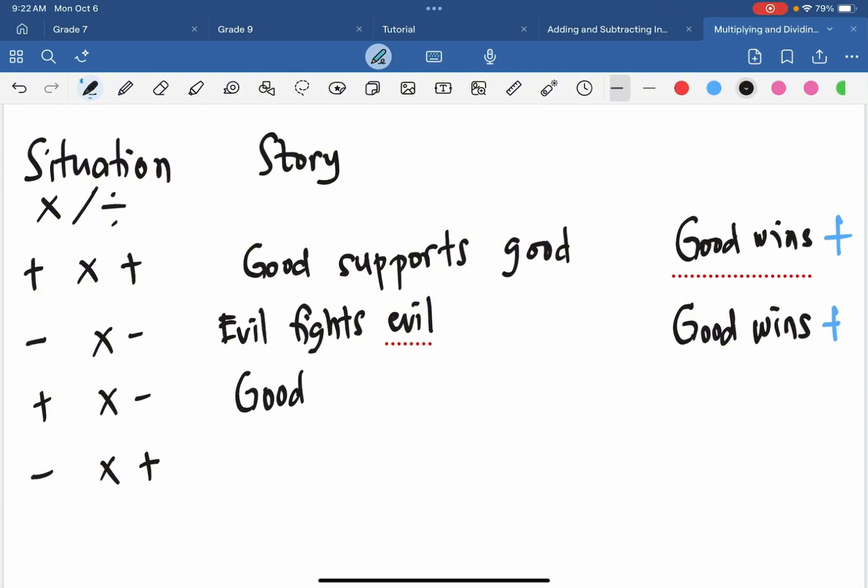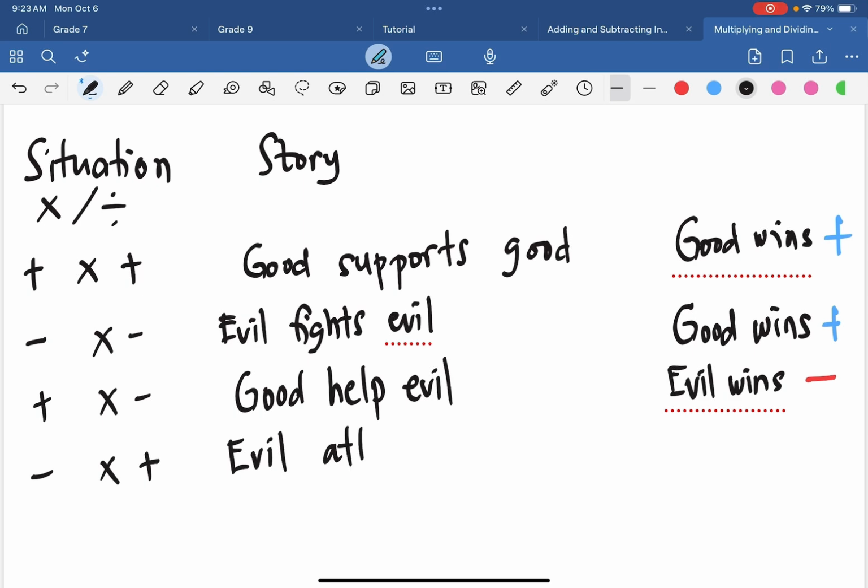Now, if good helps the pursuit of evil, then that means evil wins. And lastly, if we have negative times positive here, so if evil attacks good, then that means evil wins.